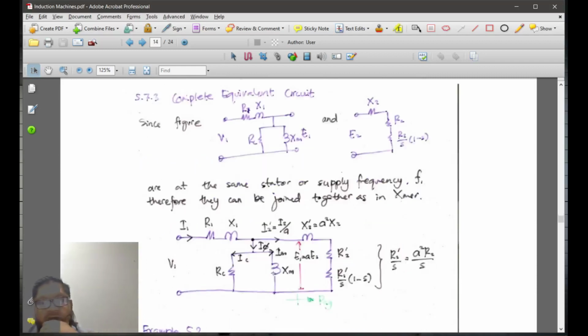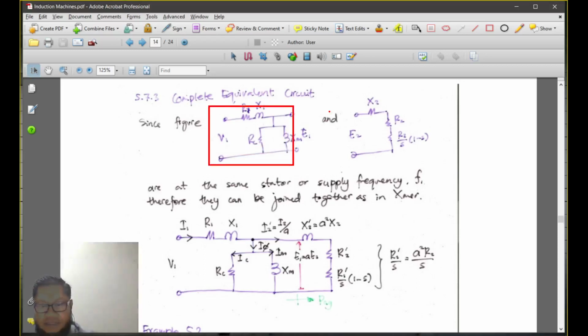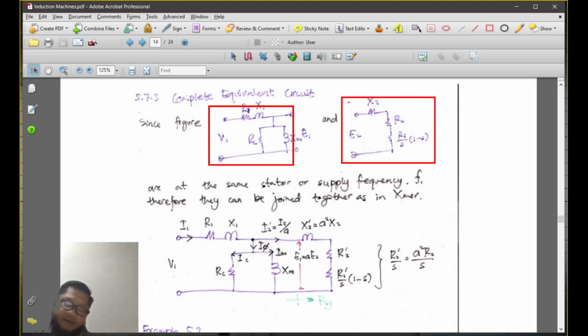Okay, so the complete circuit is going to be that. This is the stator side, and this is the secondary side. So when you want to solve and get the important parameters, we have to bring this into the primary side, from the rotor side to the stator side.